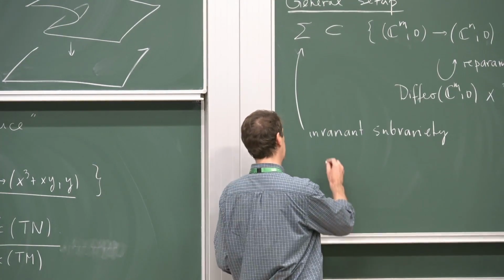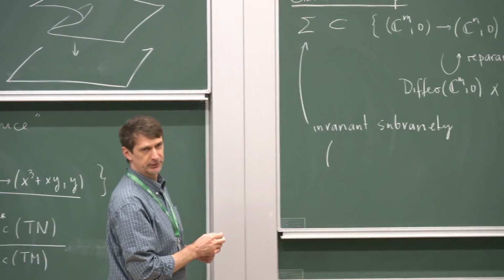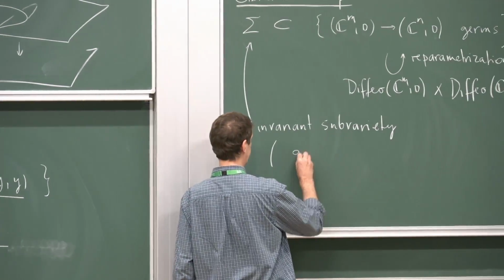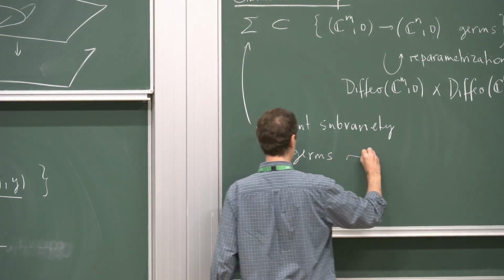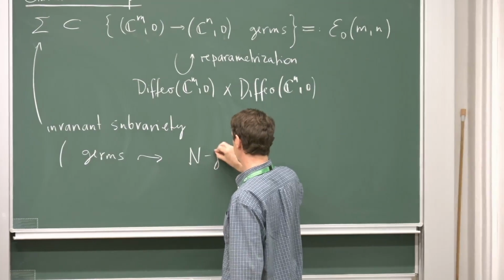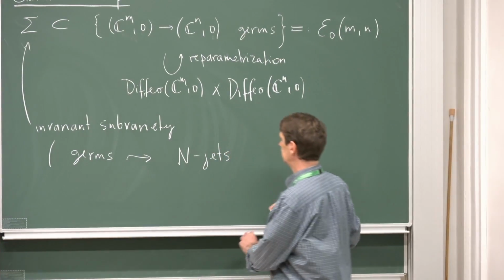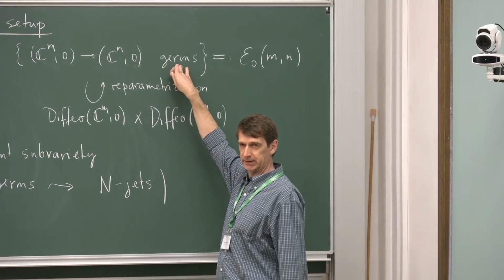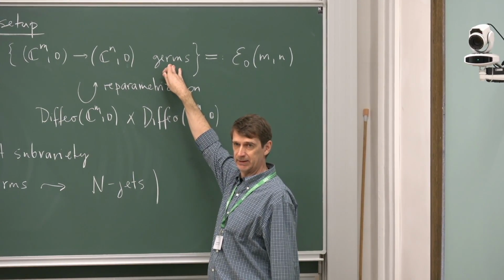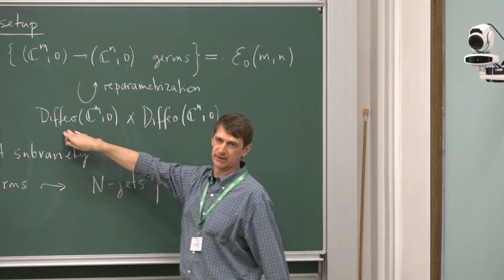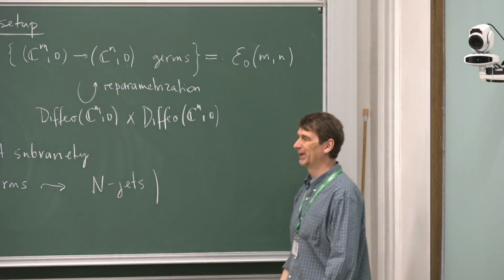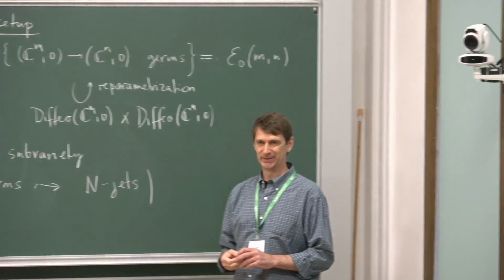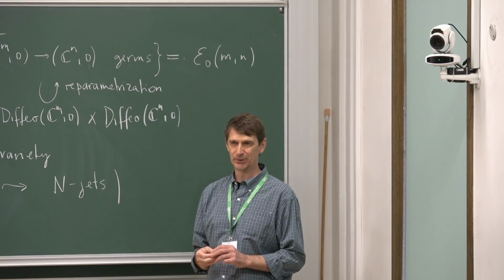But my whole strategy is to hide such problems by replacing germs with large enough jets. So what does that mean? Instead of considering germs from the very beginning, yeah. When you say diffeomorphism, do you mean biholomorphism? Biholomorphism, yes. Maybe not the best notation, but it's sort of traditional. Complex diffeomorphism.